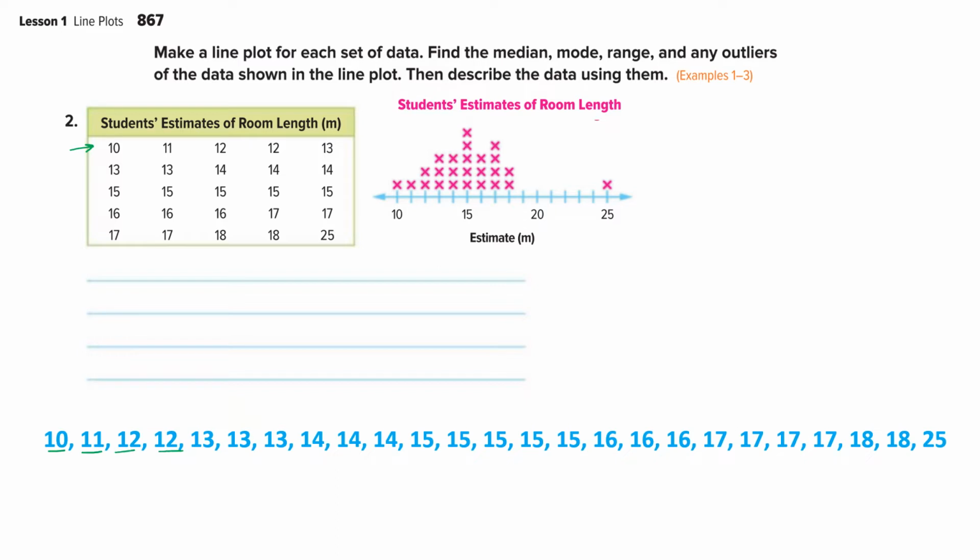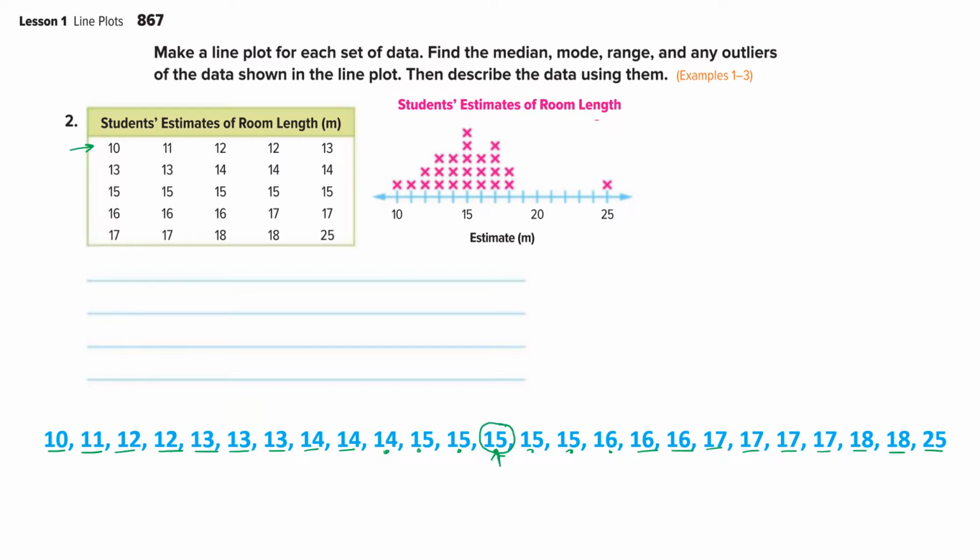I'm going to count 1, 2, 3, 4, 5, 6, 7, 8, 9. And then 1, 2, 3, 4, 5, 6, 7, 8, 9. 1, 2, 3, 4. 1, 2, 3, 4. So this is the middle number.